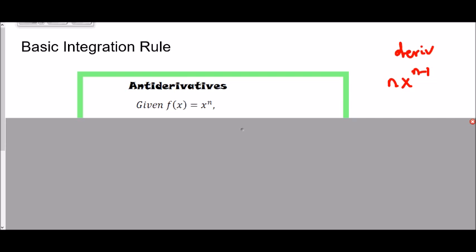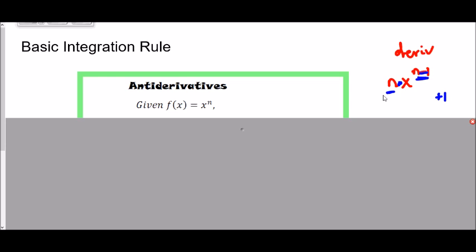So if our process was bringing this down, then subtracting 1, this is multiplying, this is subtracting, we're going to have to do the opposite of those in the opposite order. So we're going to end up adding 1 to our exponent because that's the opposite of subtracting, and we're going to end up dividing, because that's the opposite of multiplying.